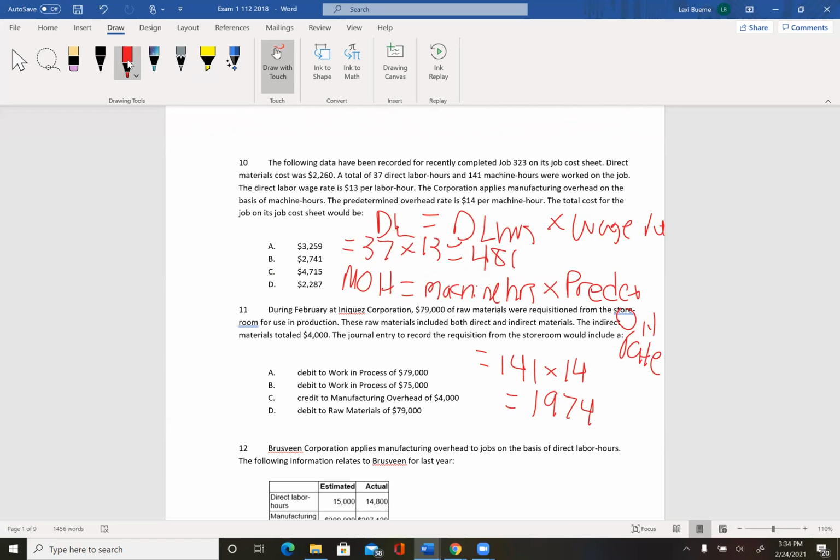So now you're going to find the total cost. The total cost formula, that's what I was saying, is direct materials, direct labor, manufacturing overhead. The direct materials was given as 2260.